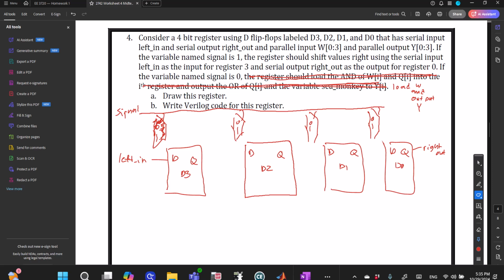So if we're going to shift right, that means if it is 1, my left in should really be going into the 1 of this first multiplexer. So each one of these is going to go into the 1 of the multiplexer coming after it.